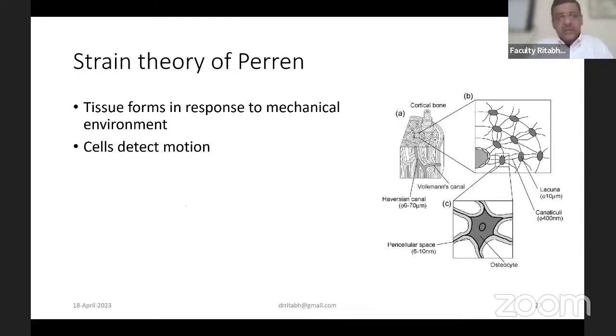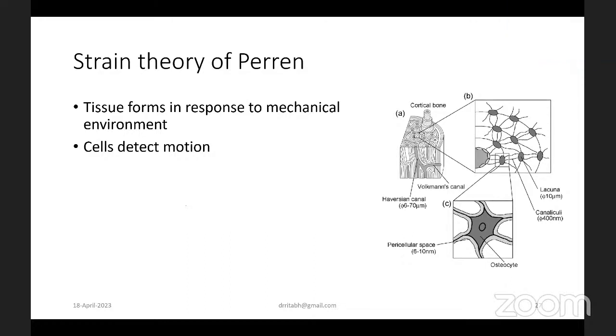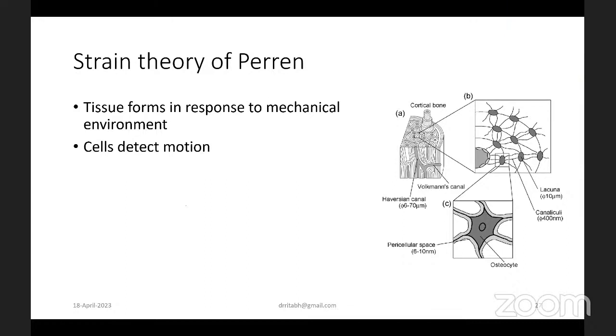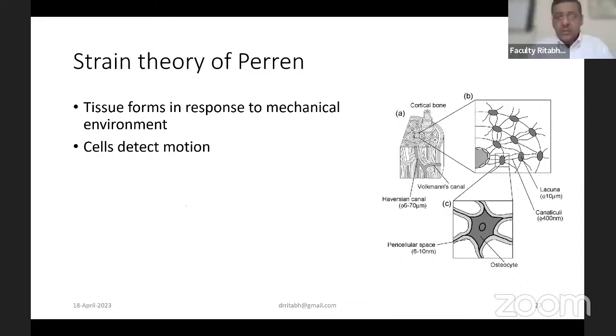The strain theory tells us that human bone or animal bone, the tissues after fracture or even before otherwise, respond to mechanics. For example, if the forearm is X-rayed of a right hand dominant tennis player, right versus left, his right side forearm bone will be bigger in size.